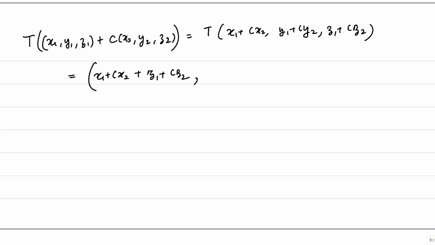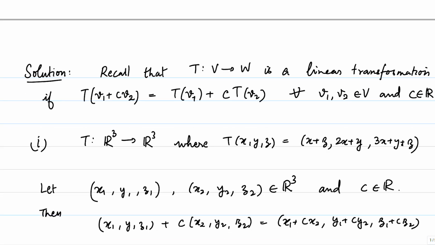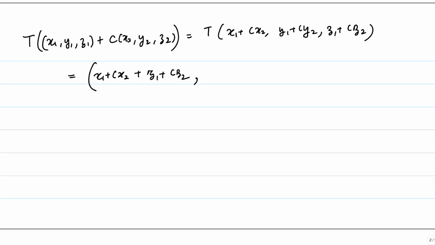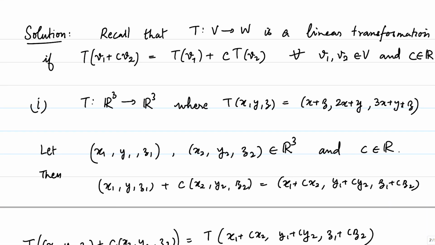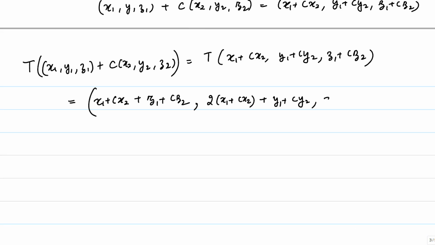And the second coordinate, notice, is 2x plus y, so that is going to be 2 times (x1 plus c x2), which is our x coordinate here, plus y1 plus c y2. And finally, the third coordinate, which is 3x plus y plus z, is 3 times (x1 plus c x2) plus y1 plus c y2 plus z1 plus c z2.